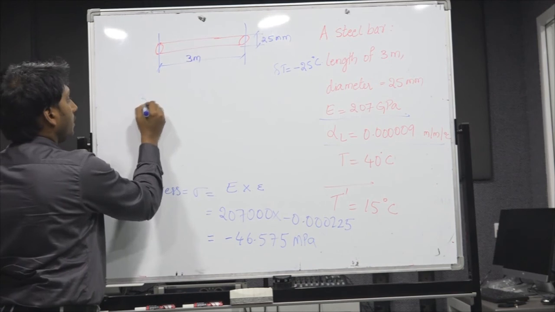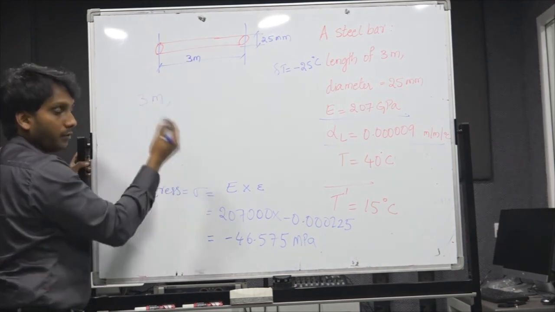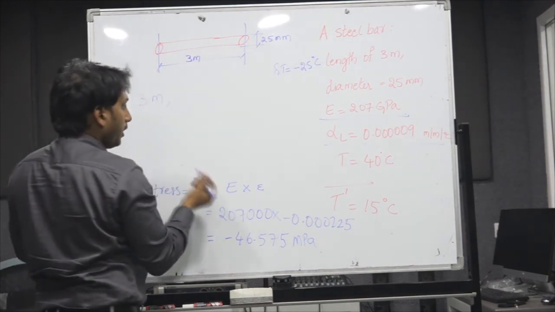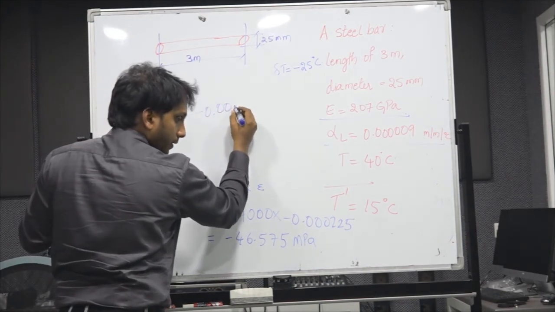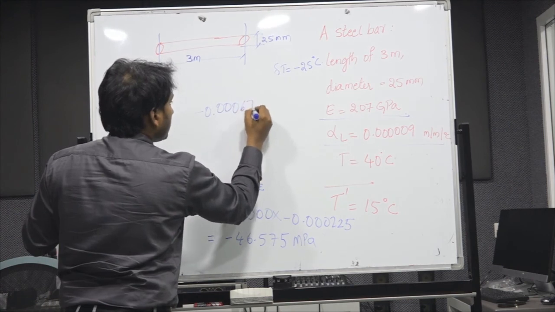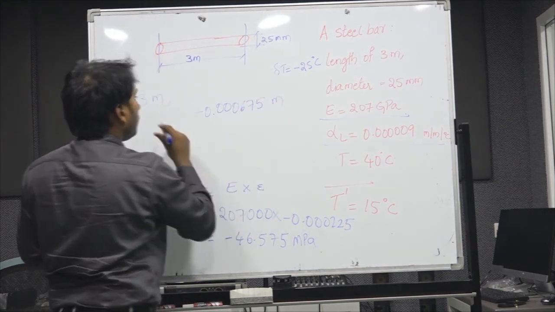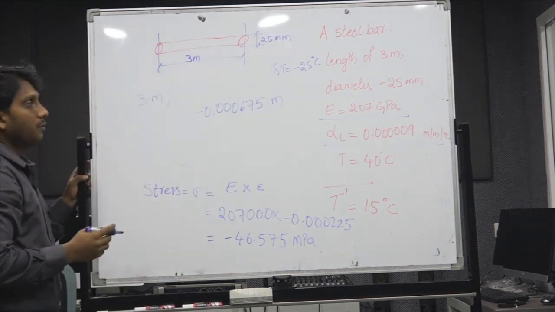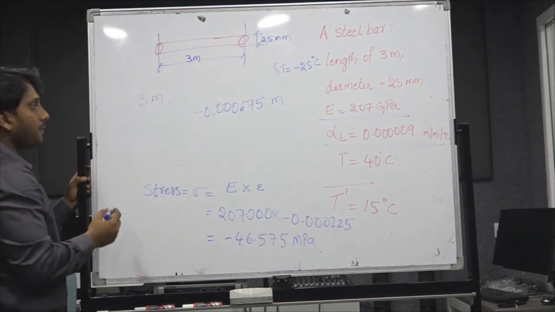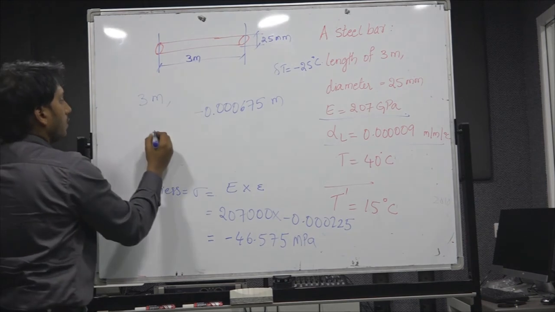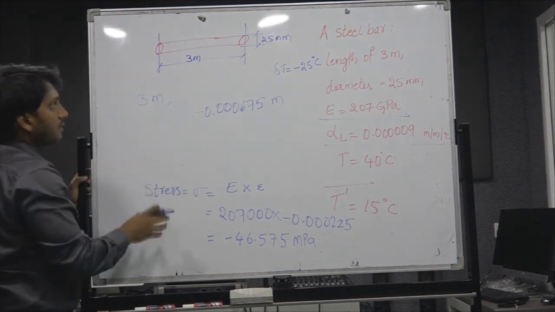Finally, you can say that if this bar was not restricted, the original length is 3 meters. From the previous calculation, the bar can be reduced by minus 0.000675 meter. So what is the present length of the bar?